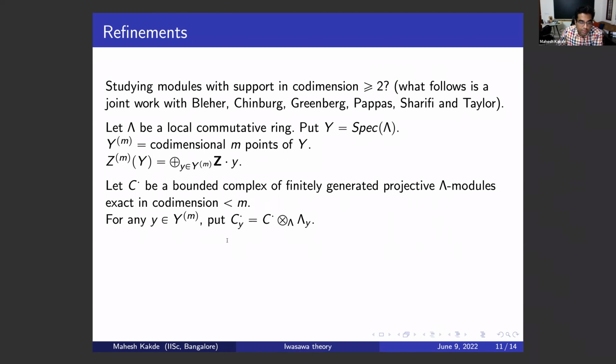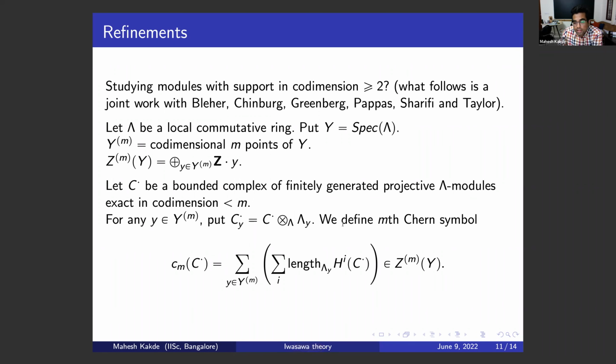This is just a piece of notation: for any point y in capital Y, C_y is the localization of the complex. Then I can define the m-th Chern symbol, that's the name because it's related to Chern classes, to be this particular thing. Oh, this should be C_y. I'm so sorry for this typo.